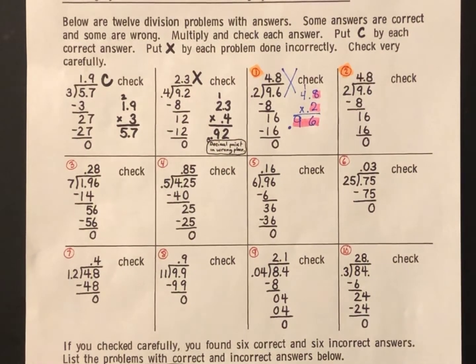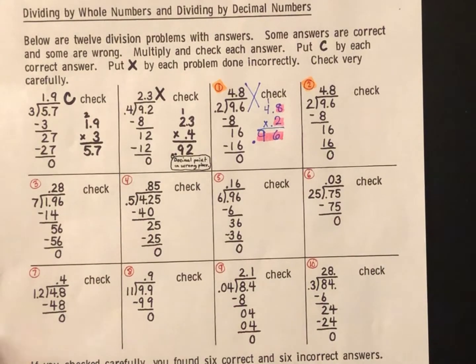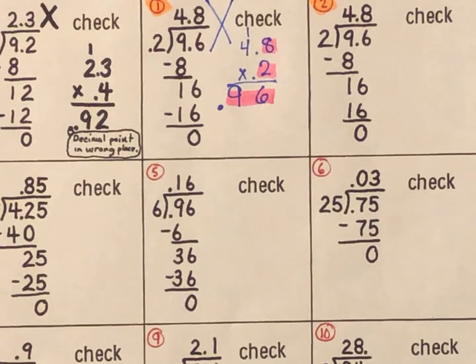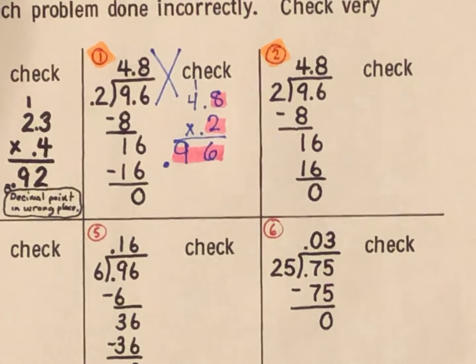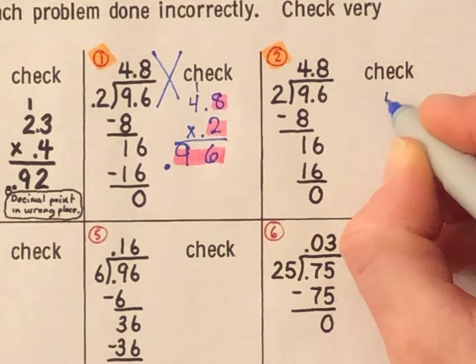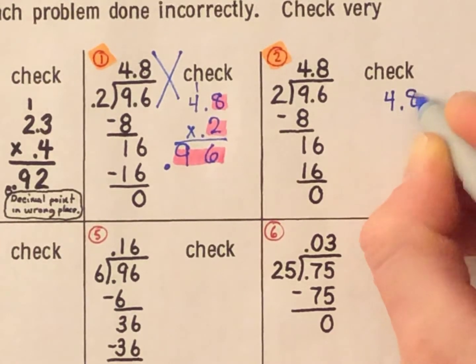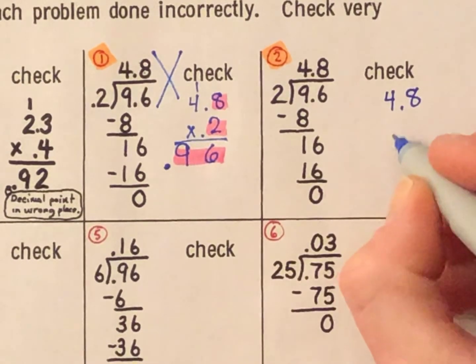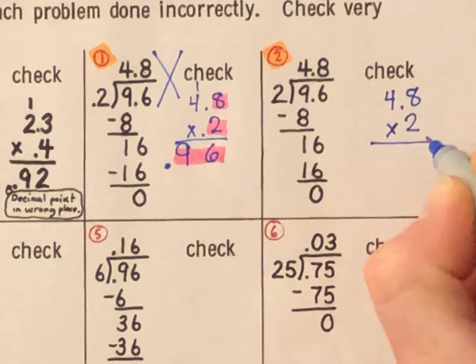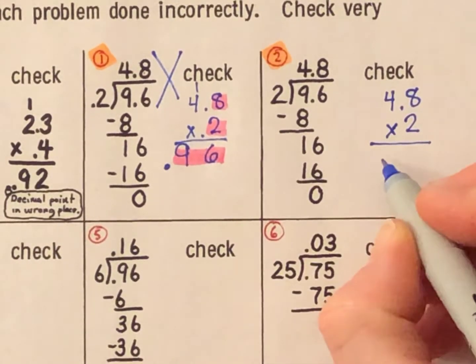Look over at number 2. 4.8 times 2, just 2 this time. Well, I multiplied all the same digits, so I know that's going to be 96.